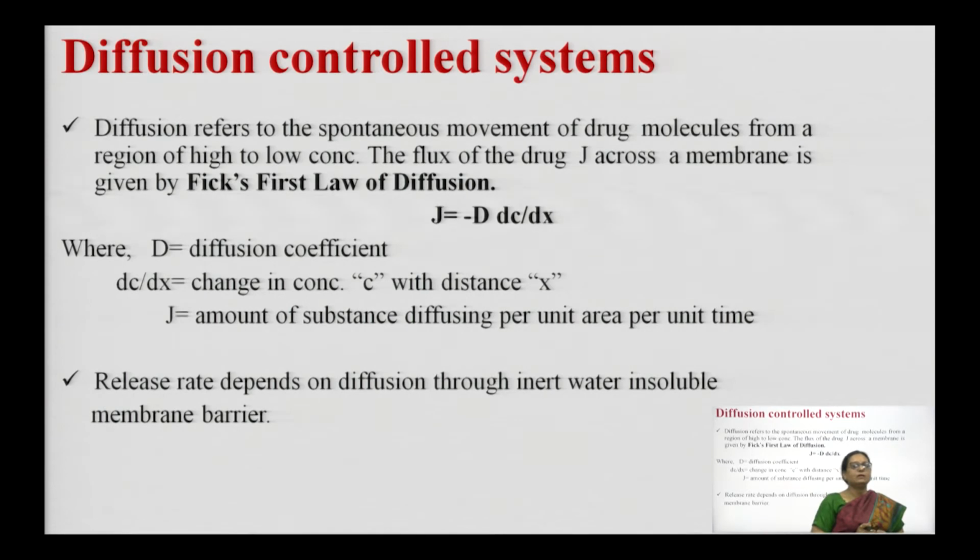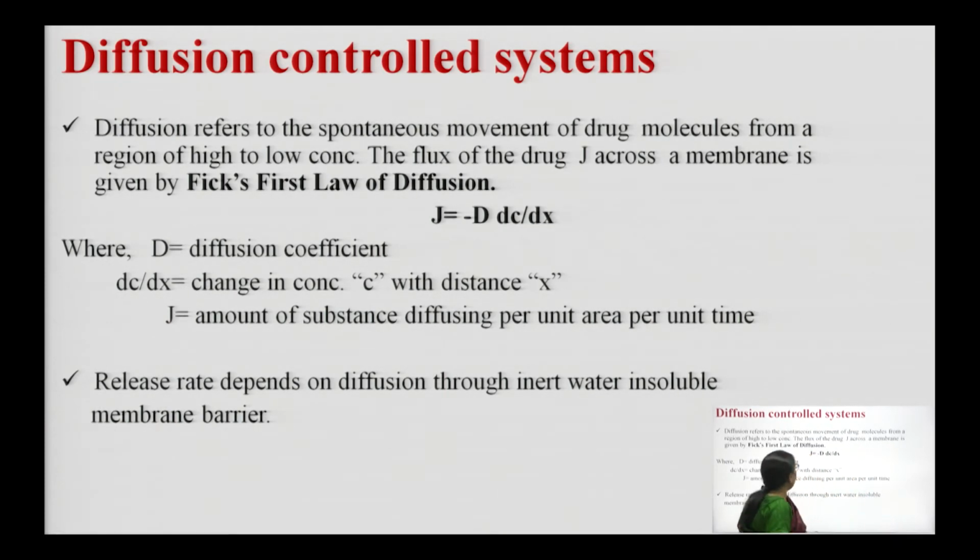So, that is about the dissolution type of controlled drug delivery systems, where the dissolution rate is the rate controlling step in drug release, and we have studied two dissolution type of systems, that is reservoir types of systems and matrix types of systems. Going on to the next approach towards development of controlled drug delivery systems, these are the diffusion controlled systems.